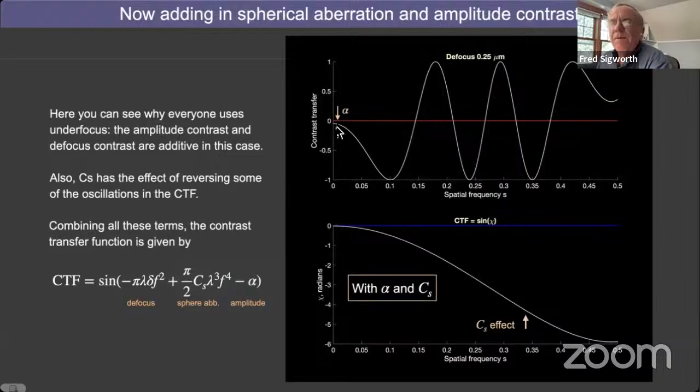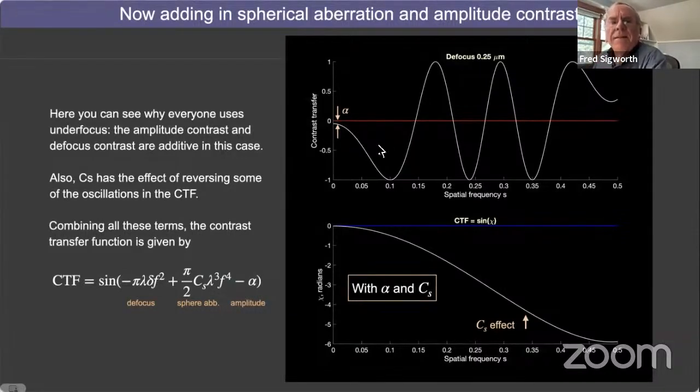It means that we start out with a tiny bit of contrast at 0 spatial frequency thanks to that. And then at high spatial frequency, we have the effect of the CS term that actually starts to reverse and is actually going to make the chi function start to move in the other direction.